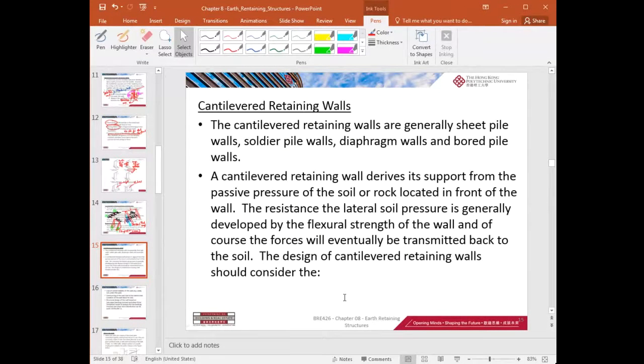Well, cantilever retaining wall, it could be either sheet piling, steel sheet piling, or soldier pile wall. Now, what is a soldier pile?